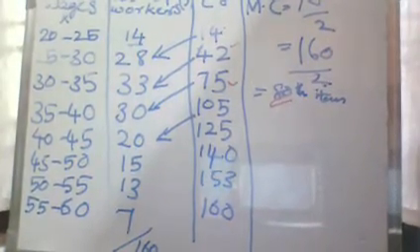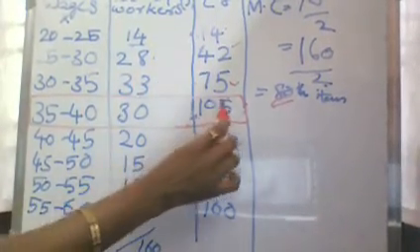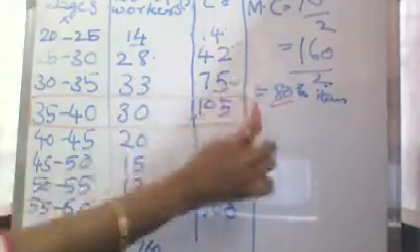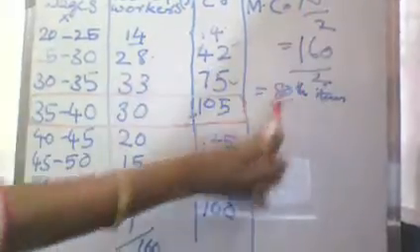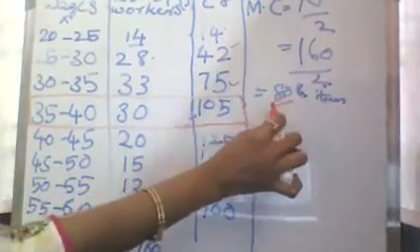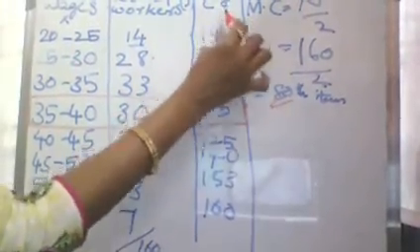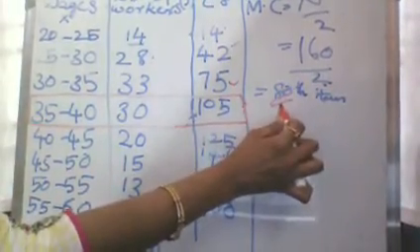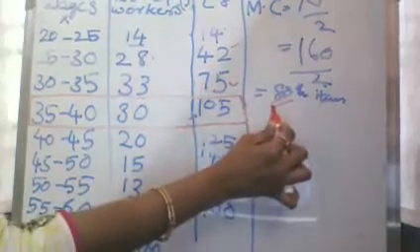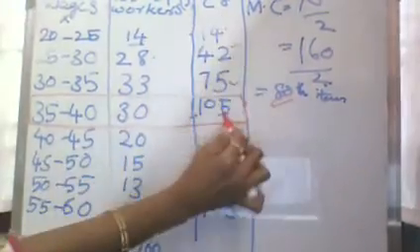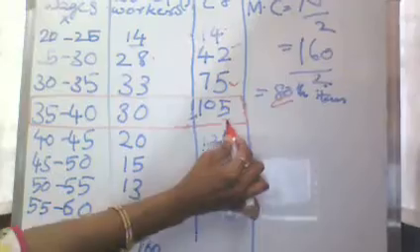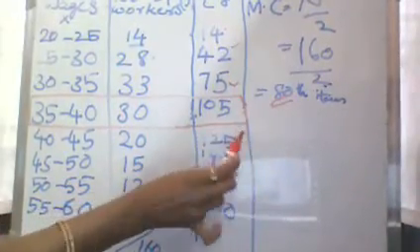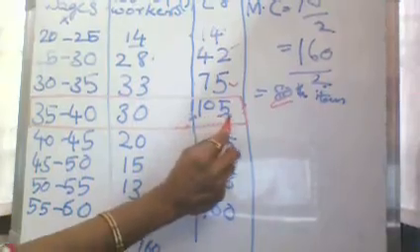So first we find n by 2, and from n by 2 we find the median class. n by 2 is 80, so we need to find where the 80th item will come. It will not come in 75. It will come in 105.